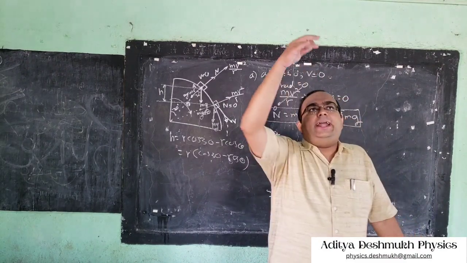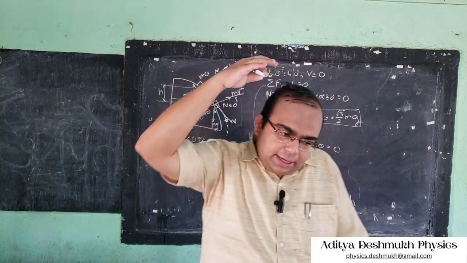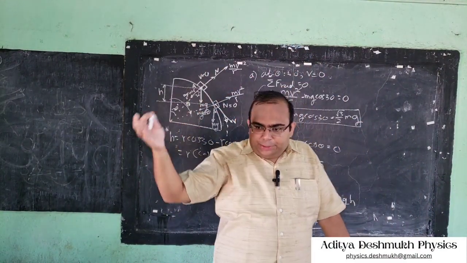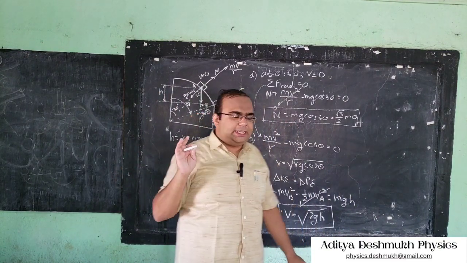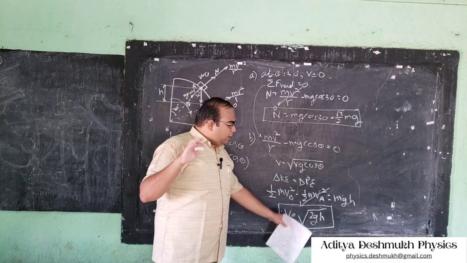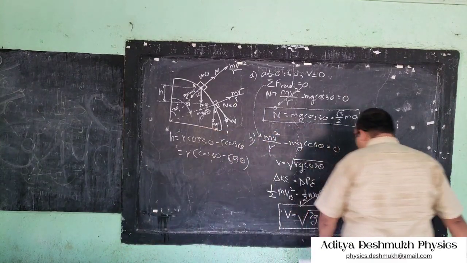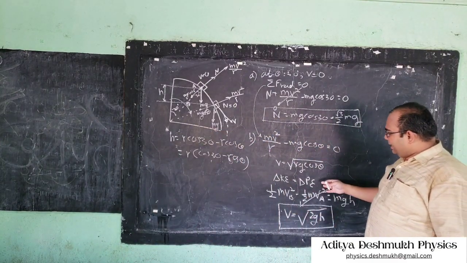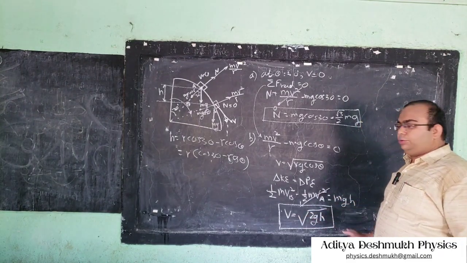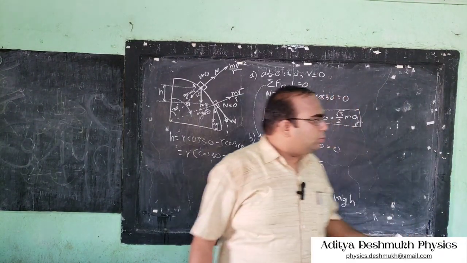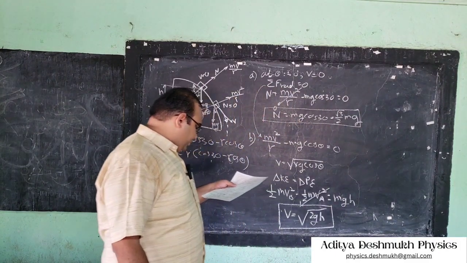The initial velocity at some position is 0, and then after some vertical displacement h, by conservation of mechanical energy, v will be equal to root 2gh.